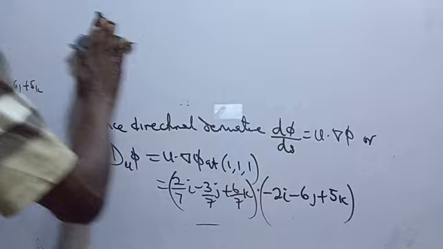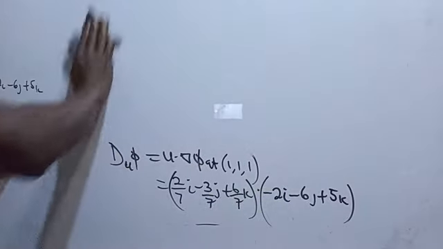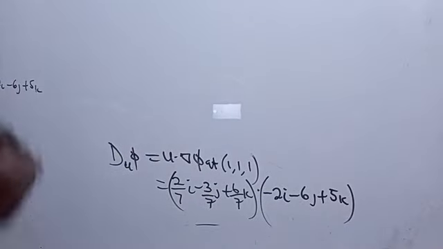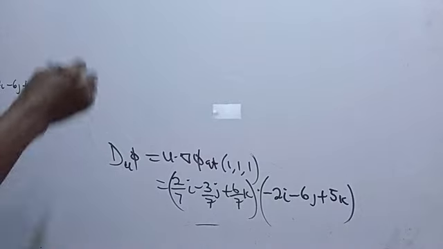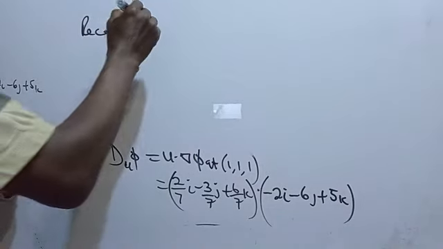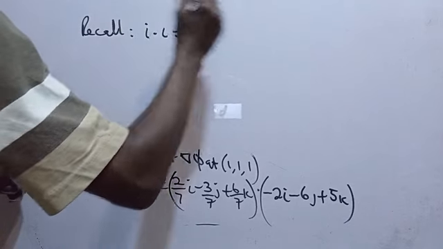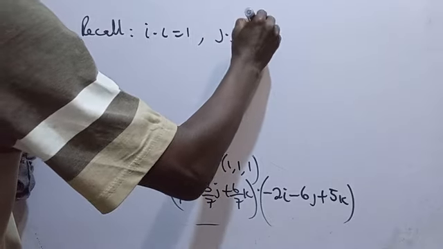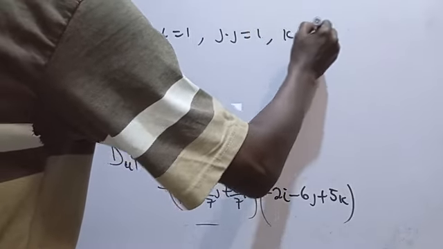So, what's next? In dot product, what do we call it? Divergence. We have this vector formula, we have gradient, divergence, and curl. So now we want to carry out the dot product. Recall, please, in dot product, i dot i is 1, j dot j is 1, k dot k is 1.